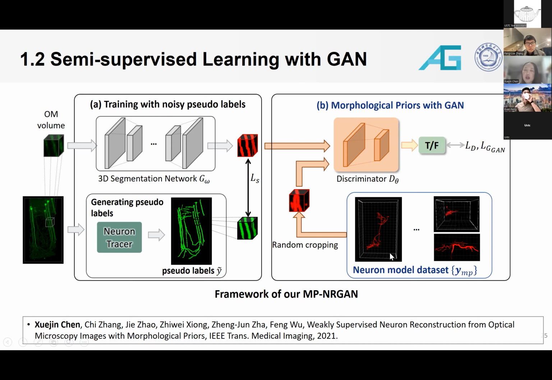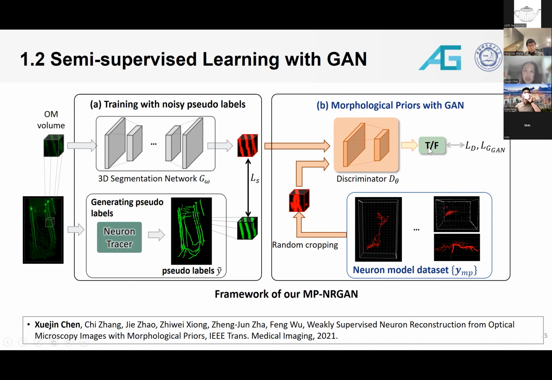Even though we don't have the original microscopic data in the dataset, we crop part of the 3D reconstructed neuron structures, and then we use a discriminator to evaluate the goodness of the segmented structure.